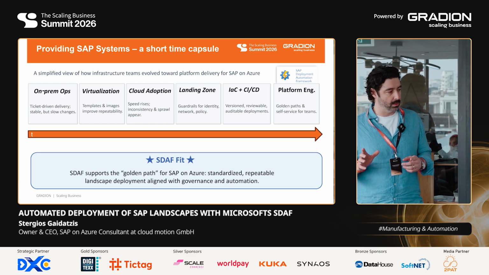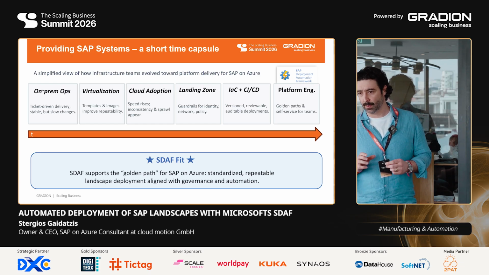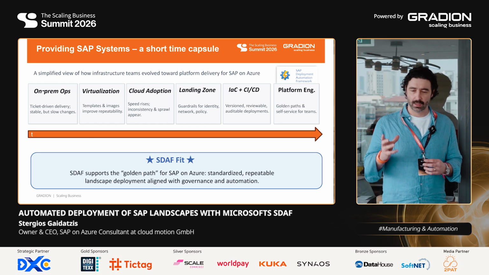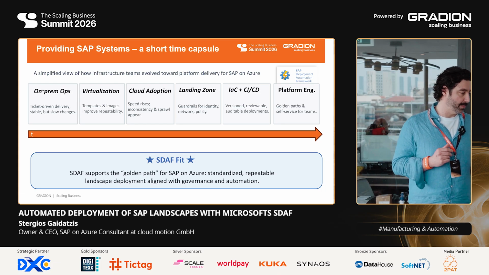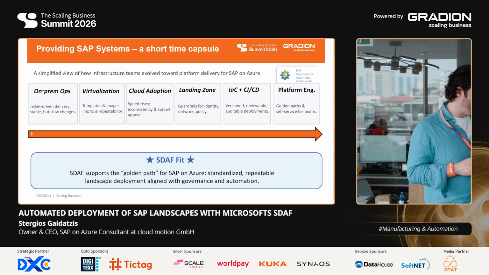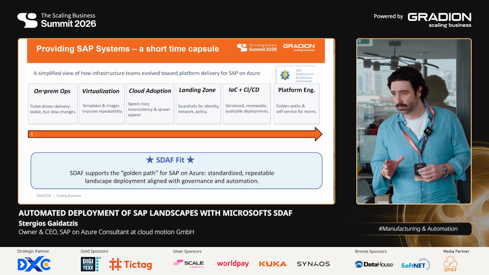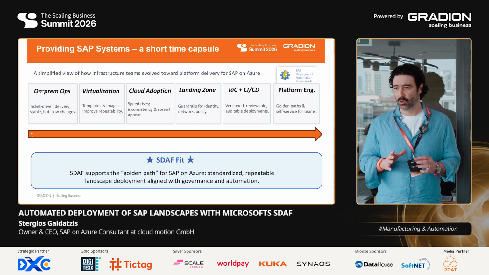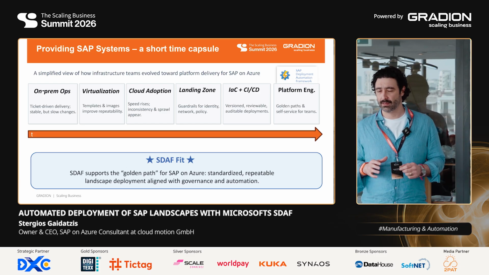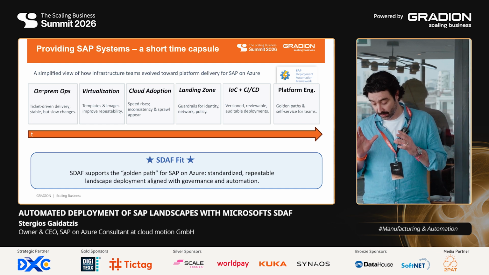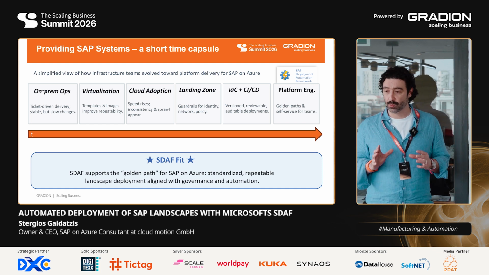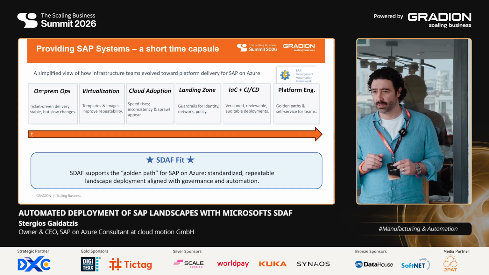But what is the reason for these statements from the customers? Let's take a step back. In the on-premise world, many years ago, 20 years, each customer had their own hardware and their own server rooms.